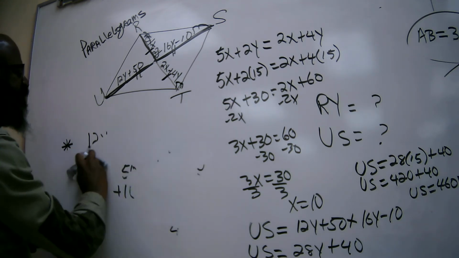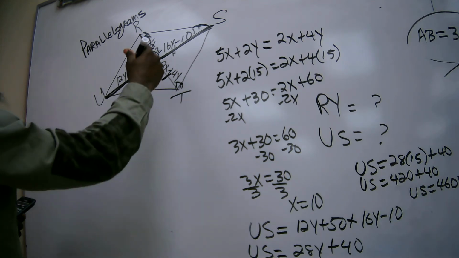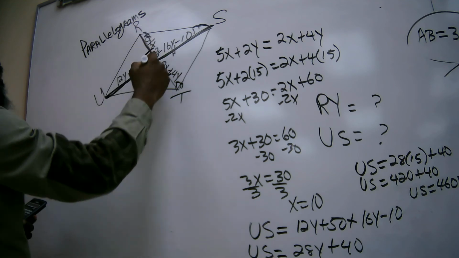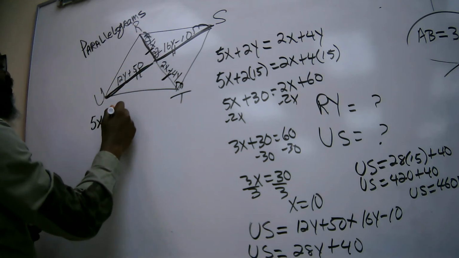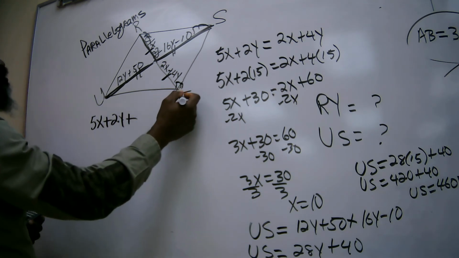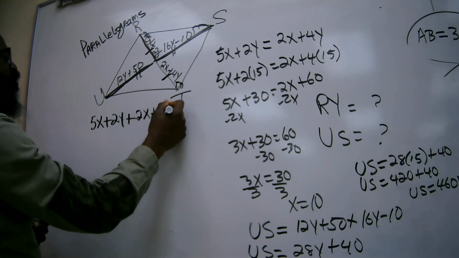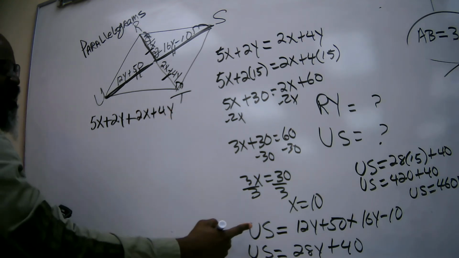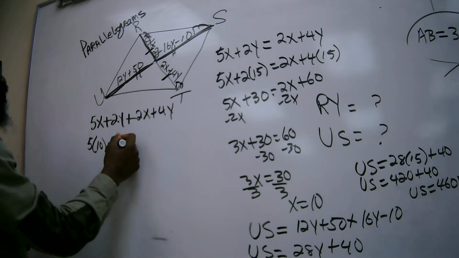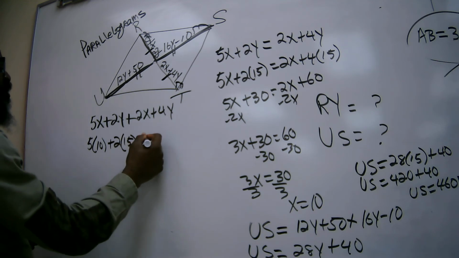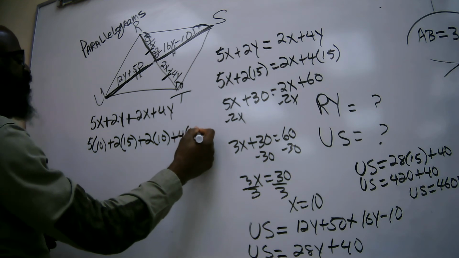Now we need to find RT, so let's erase some of the mess. To find RT, we're going to use the same thing: diagonals bisect each other. Therefore it will be RV, which is 5x plus 2y, plus YV, which is 2x plus 4y, and we know x is 10 and y is 15. That will be 5 times 10 plus 2 times 15, plus 2 times 10 plus 4 times 15.